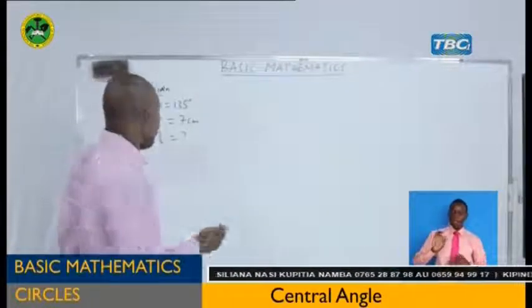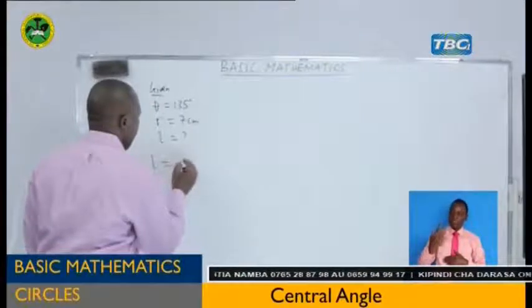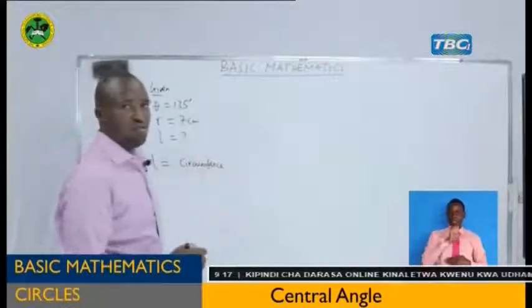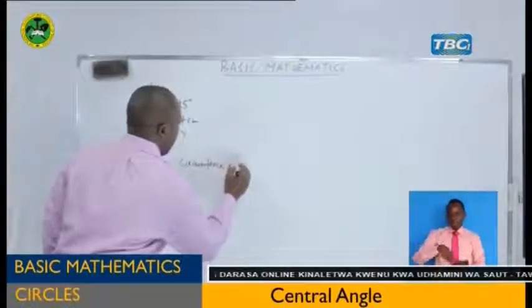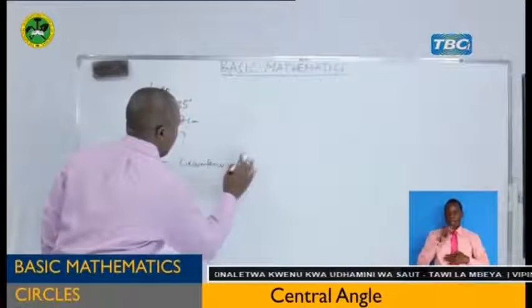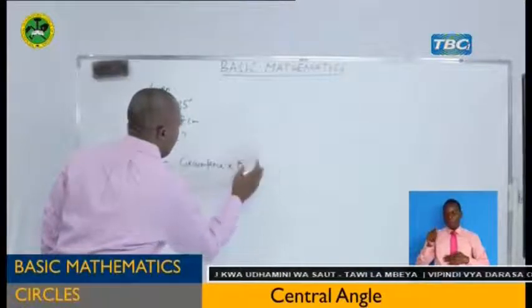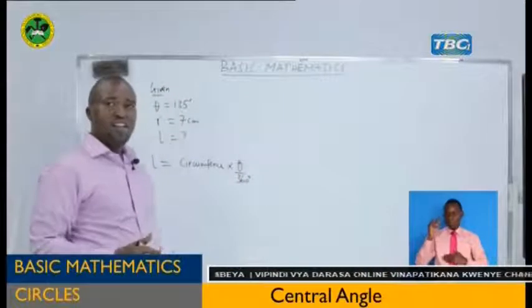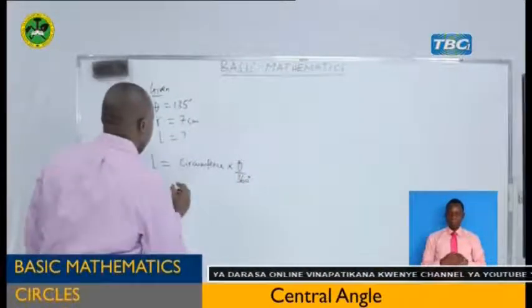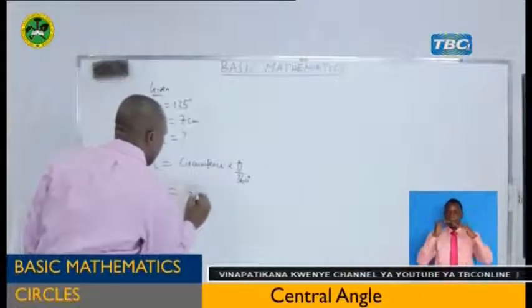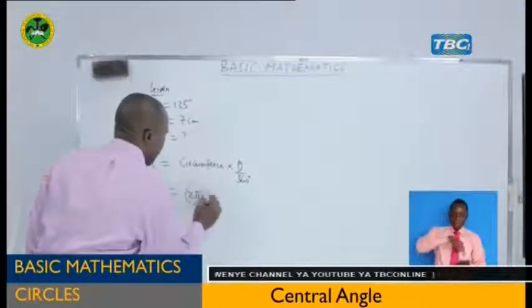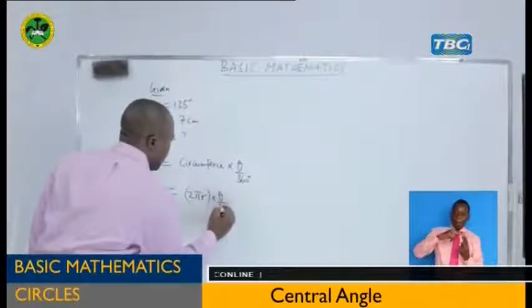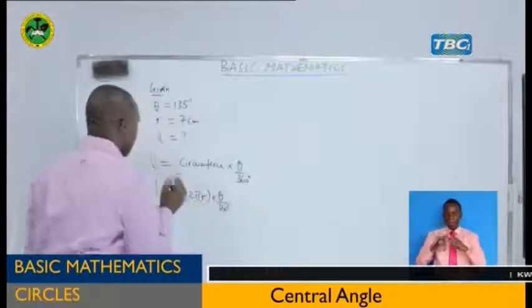So our general formula: L is given by the circumference of the circle times the central angle over 360. But the circumference of the circle is 2 pi r, times the central angle over 360 degrees.